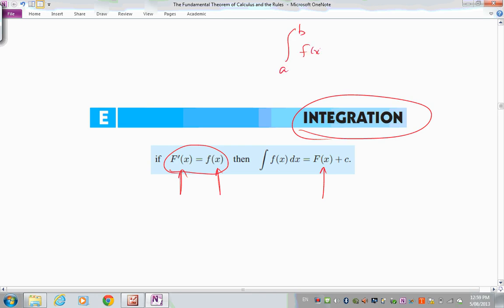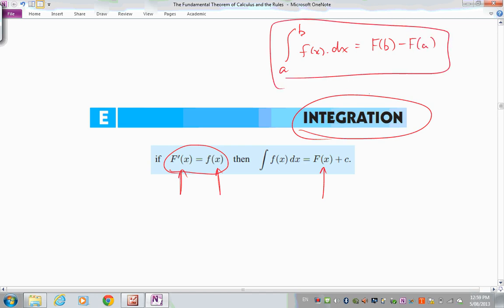When we try to evaluate that infinite rectangle sum between a and b, taking the limit of the upper and lower rectangles, we have to have a function whose derivative is f of x, and we put the numbers in there. We proved that earlier. That's the fundamental theorem of calculus. The process of getting this function we're now going to call integration.